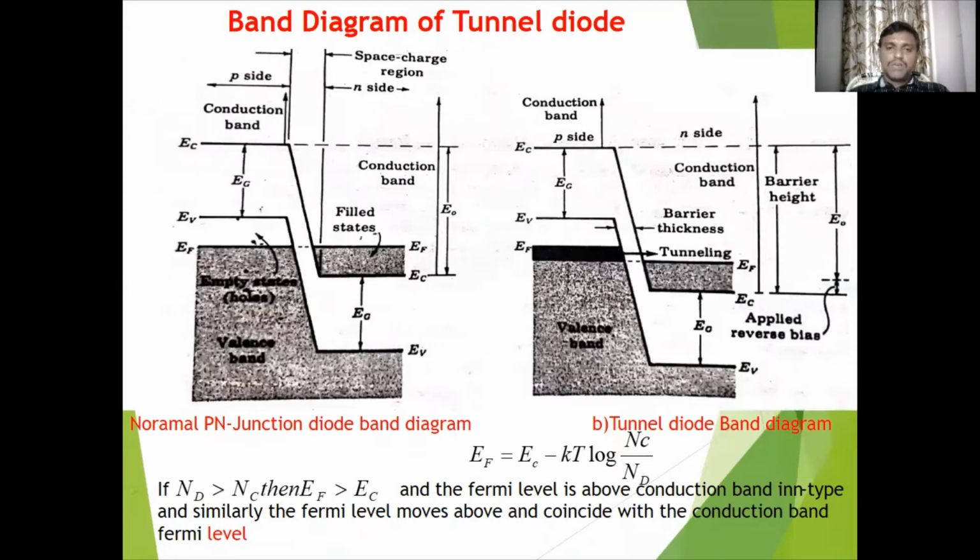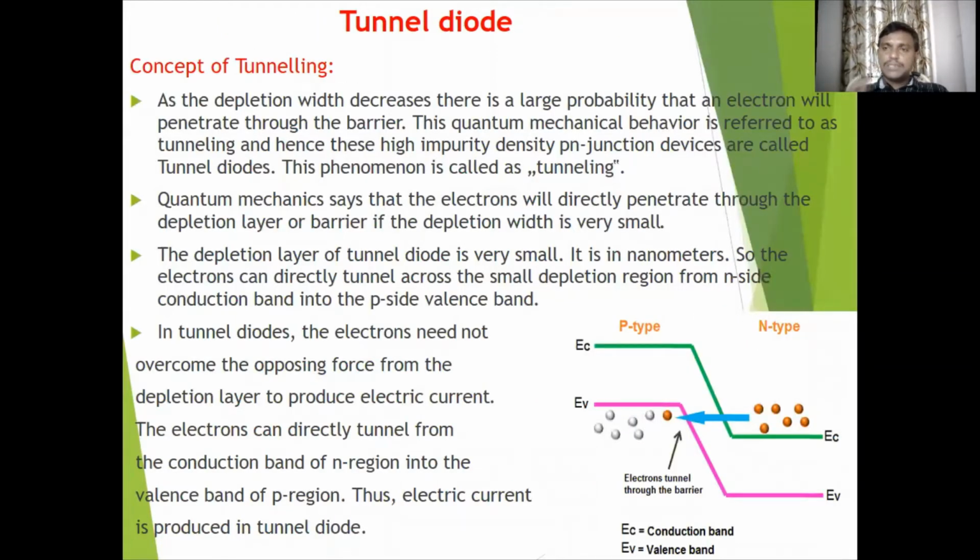In the final exam, they will ask you to explain the operation of the tunnel diode using the concept of its band diagram. How can we say that the p-type valence band and n-type conduction band are overlapped?